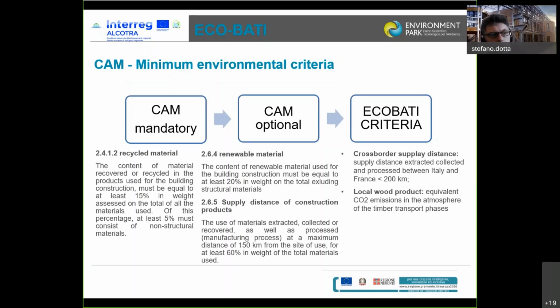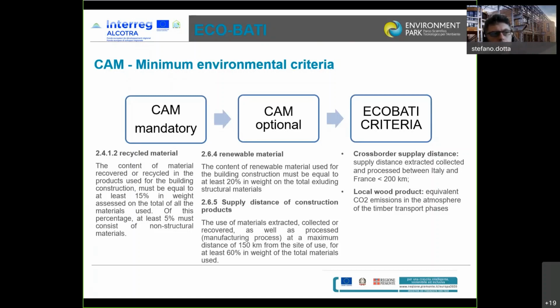So this is very important because this Italian law gives the possibility to use these criteria, which according to this norm are more important than the price of the construction. And then in our project, we delivered also other award criteria that could be used in this kind of procurement. And of course, this project was an Interreg cross-border project.